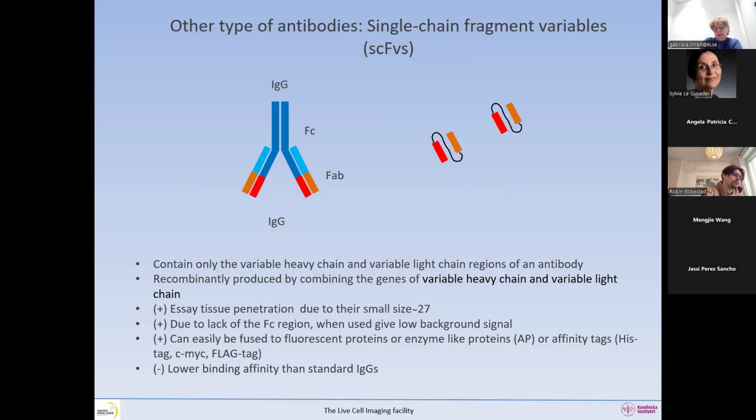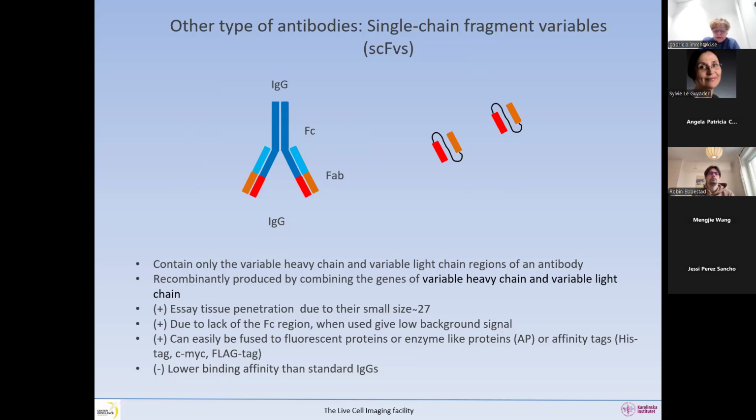Again, due to their small size, they easily penetrate the tissues, and due to the lack of the Fc region, they give a low background signal. They can also easily be fused to different fluorescent proteins or enzyme-like proteins or affinity tags, so they can be detected easily in different combinations.